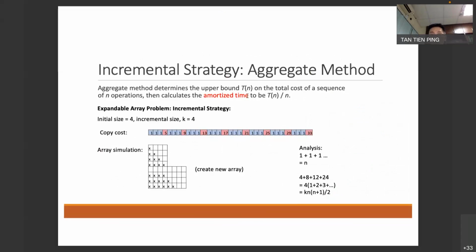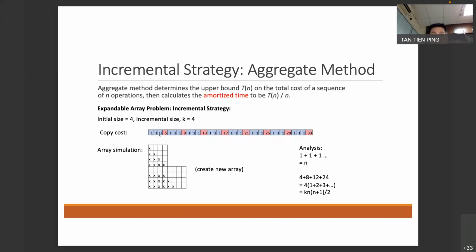So what we will do is find out the time complexity of the functions, and then calculate and then divide by n. Let us look at the cost of doing the copy operations.